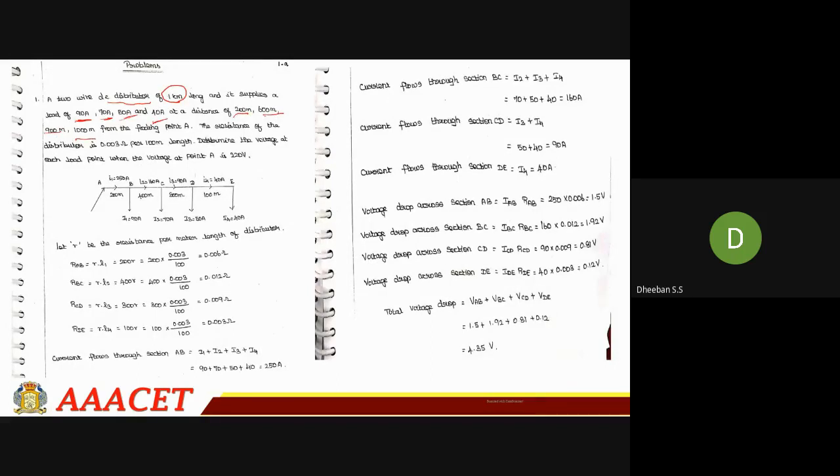The resistance of the distributor is given as 0.003 ohm per 100 meter length. So determine the voltage at each point, and the voltage at the point A is 220 volt.